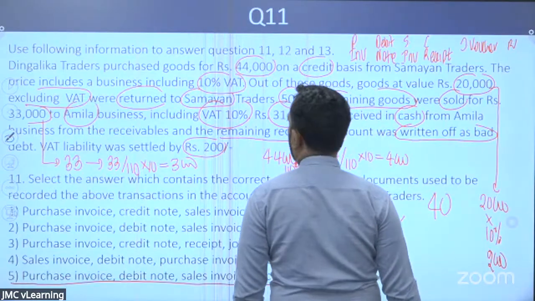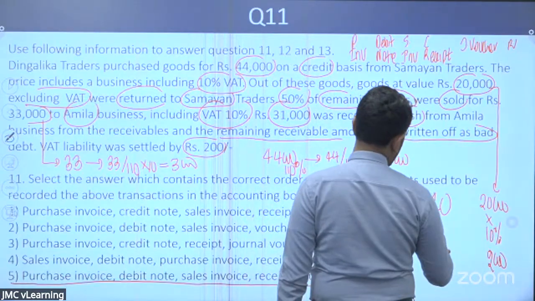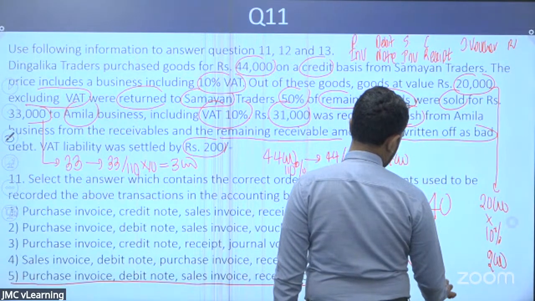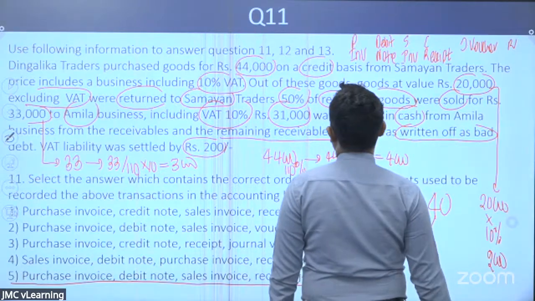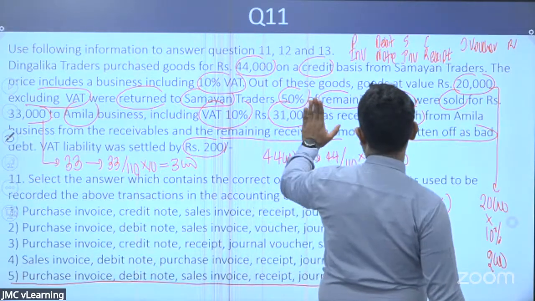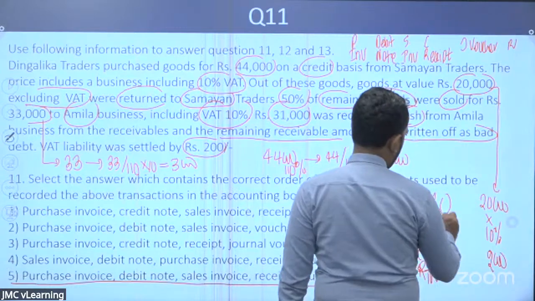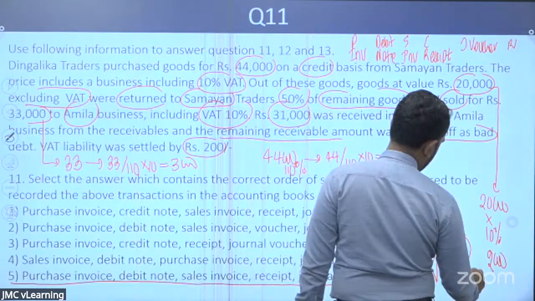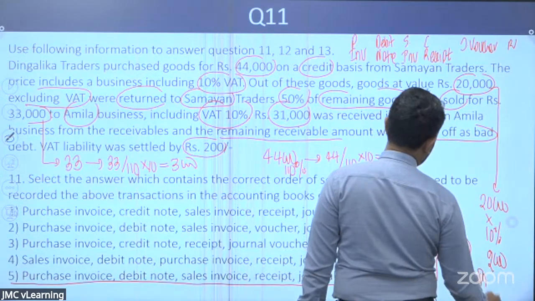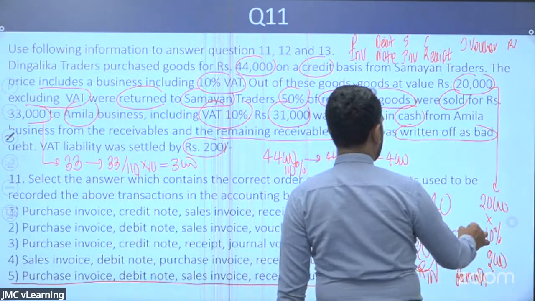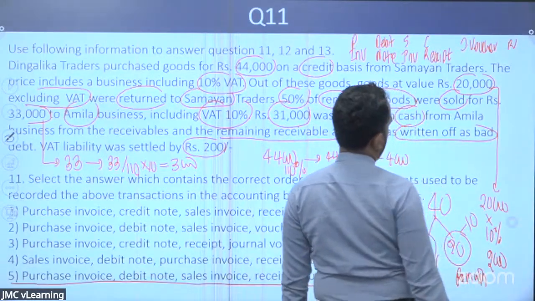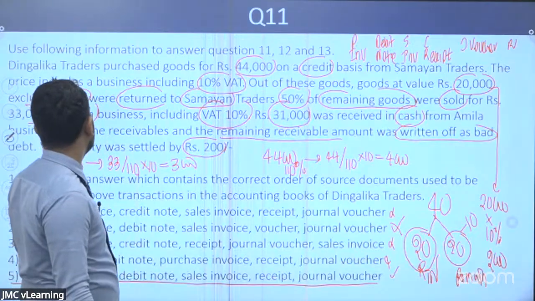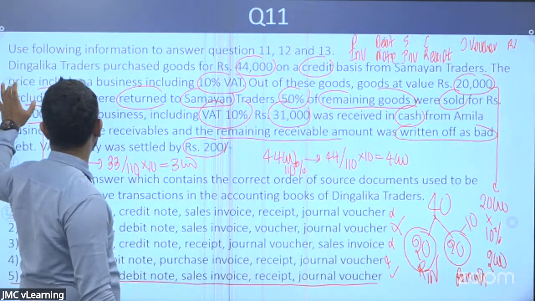Out of these goods, 20 were returned, and the VAT was returned as well. 50% of the remaining goods, the remaining goods being 20, means 10 worth of items. These 10 rupees worth of items were sold for 33 including VAT.